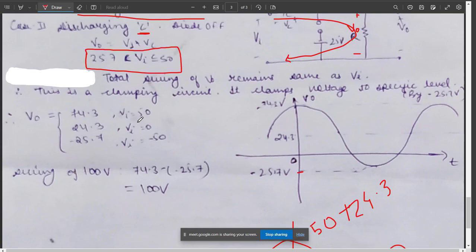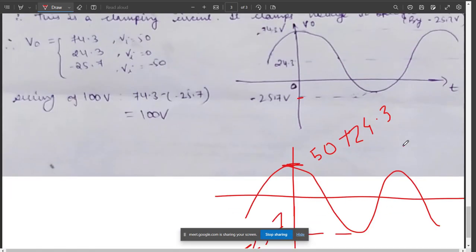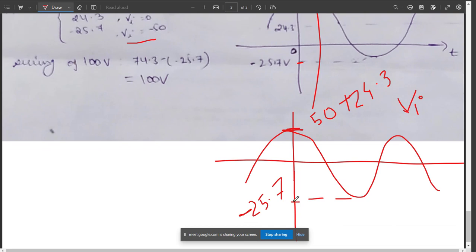All right. So when our VI curve is at 50, our VO is 50 plus 24.3. When our VI is minus 50, our VO is minus 25.7.